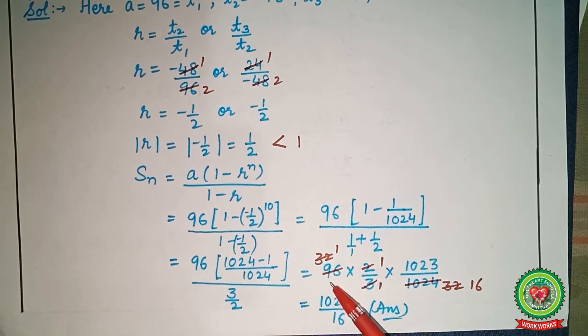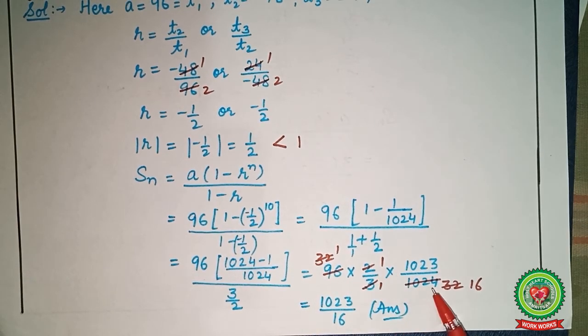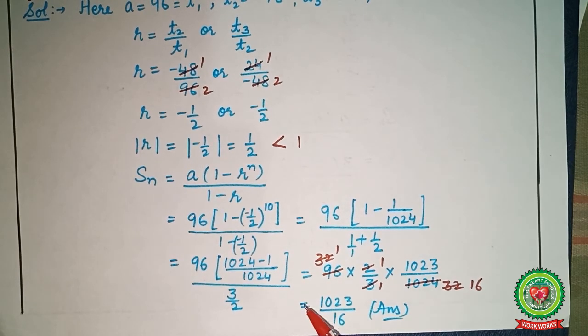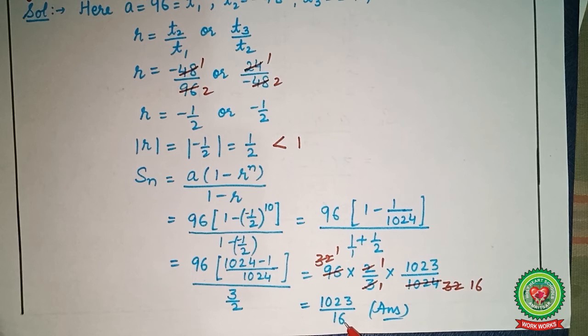So it becomes 96, and here the denominator changes its place, so it becomes 2 by 3 multiplied by 1023 upon 1024. After cutting and simplification, we are finally left with the answer 1023 upon 16.